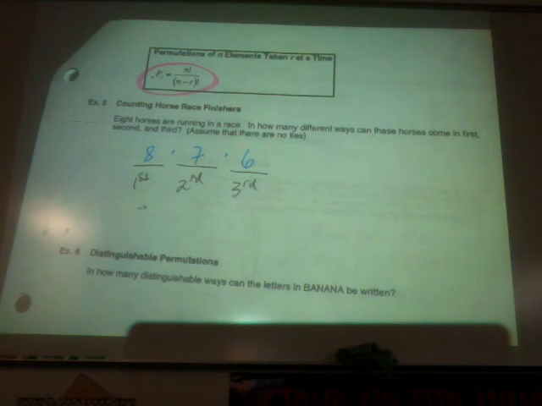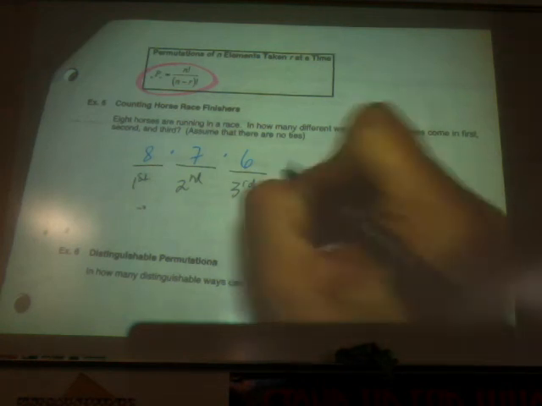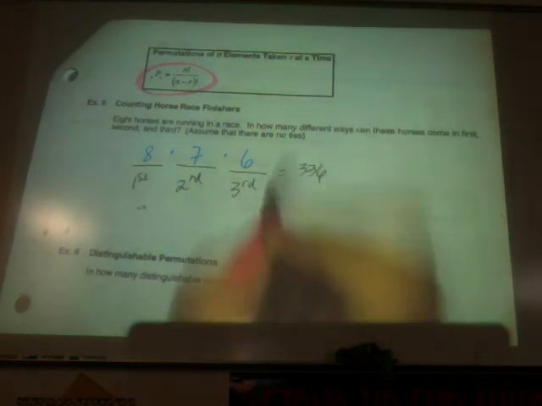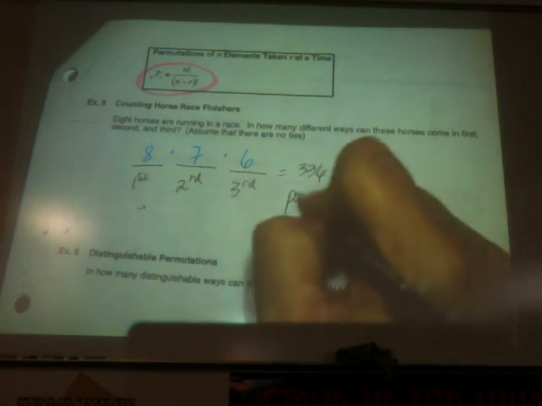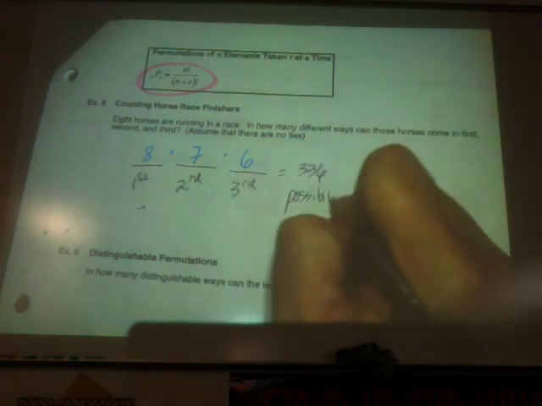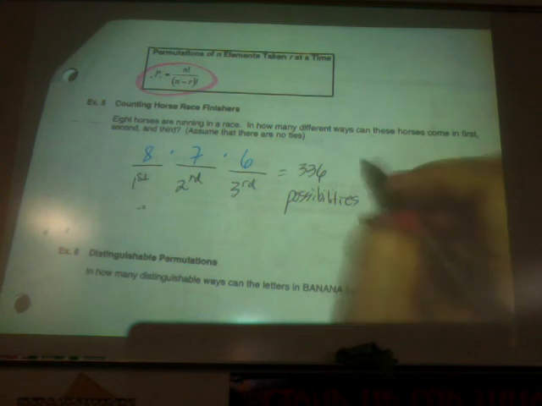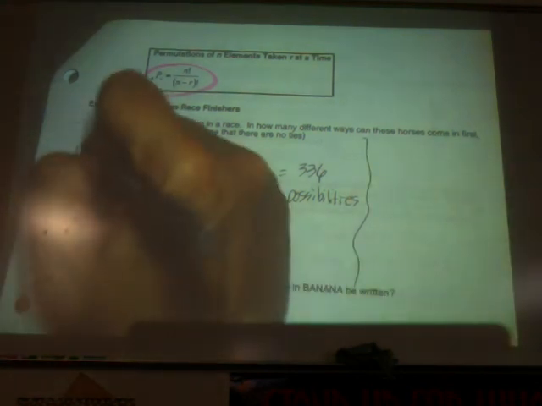And then third? 6. So if you're talking about a race where you're getting first, second, third place and you're not using all of the things in your whole group, only do a partial factorial. So 8 times 7 times 6 is equal to 336 possibilities. So this is way 1.